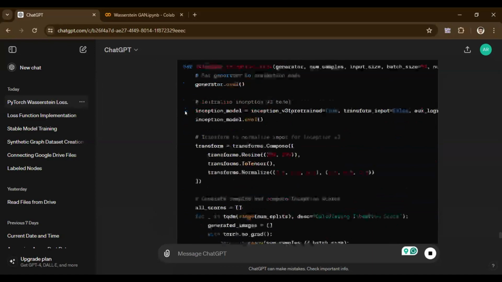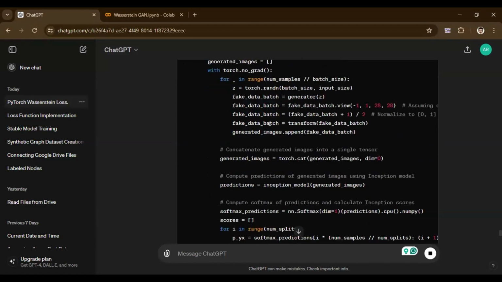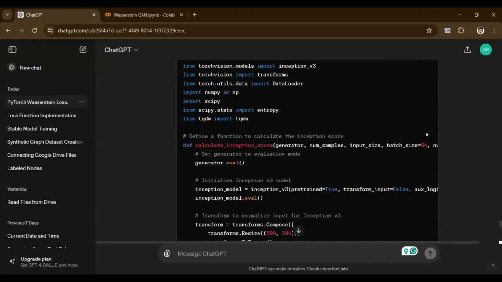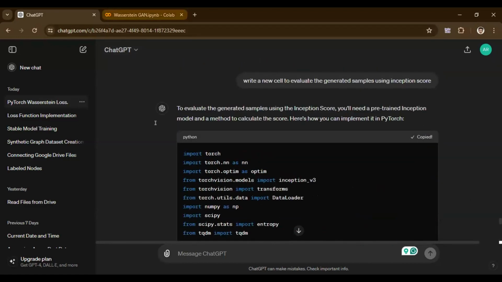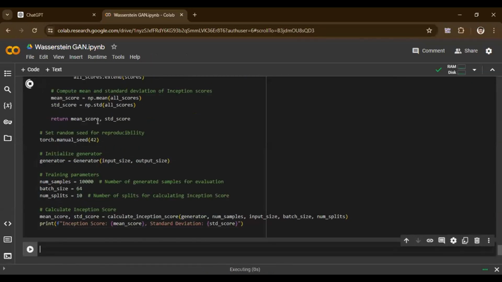Okay, it's creating the function to calculate the scores, and it calculates the mean score and the standard deviation score. Let's try it on this model.